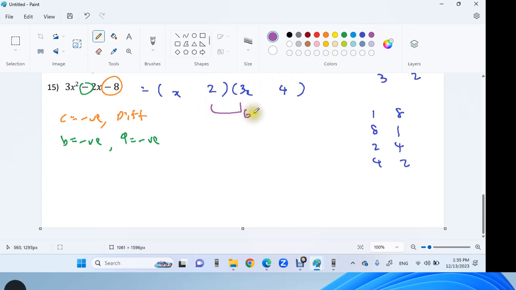So we have the 6x here and we have the 4x here. B is negative, the larger one is negative, so the smaller one is positive. So we have negative 6x plus 4x, then it becomes negative 2x. So negative 2 is this one. Okay, so this is some example and exercise for level 2.